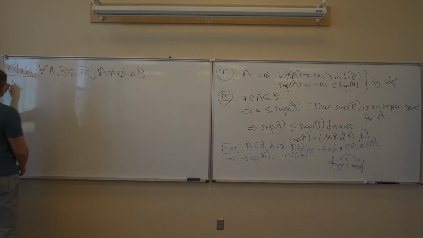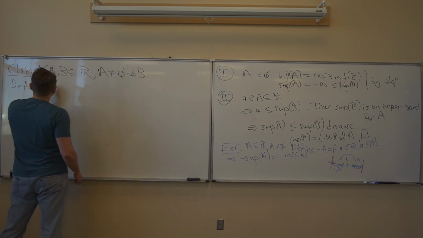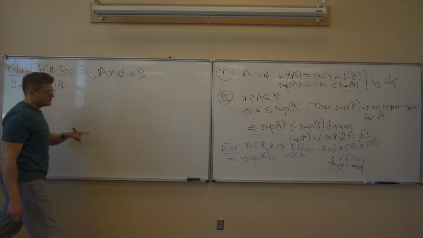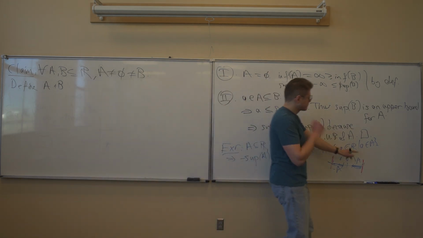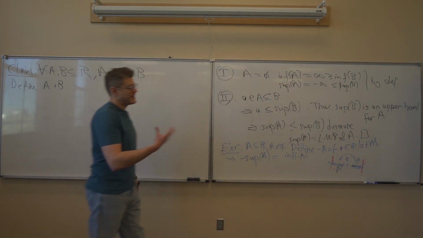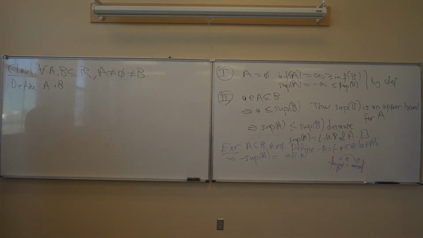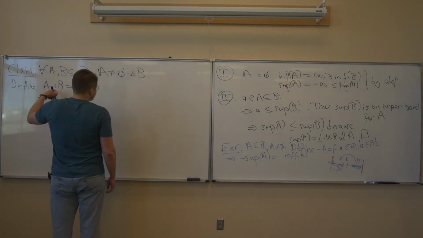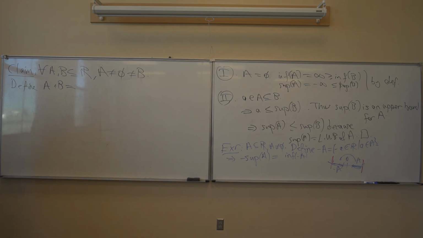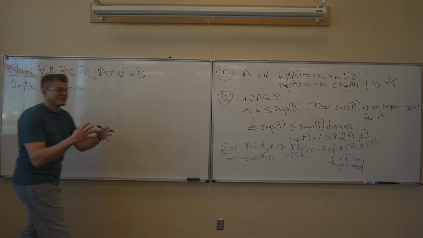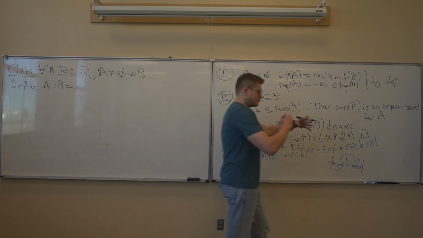Define A plus B. Over here, I'm just going to define it to be the sum of elements in A and B. This is what is called the Minkowski sum of two sets. These operations are very useful in computer vision and other things, because you want to think of sets as shapes, and you do certain manipulations.